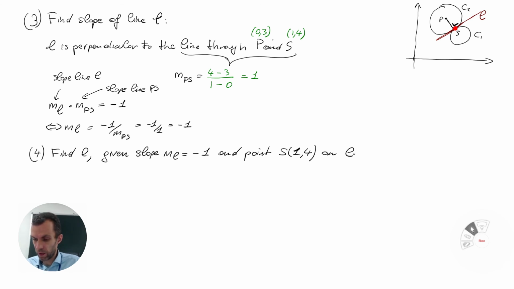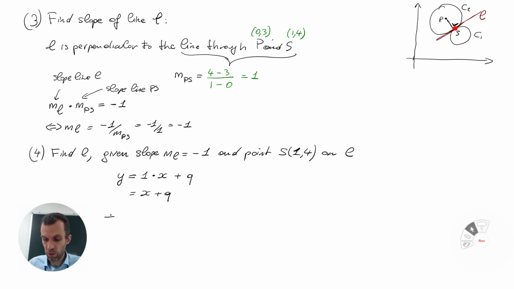So for that now we can do things a little bit pedestrian. We know y is going to be the slope times x plus the intercept, or just x plus the intercept.